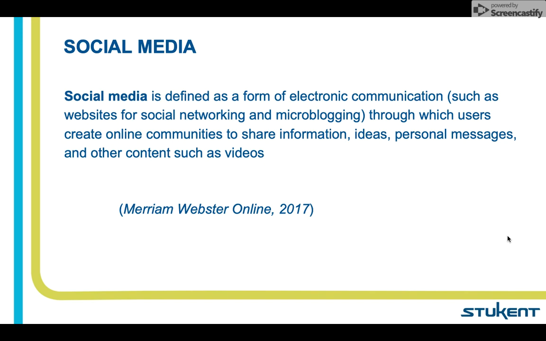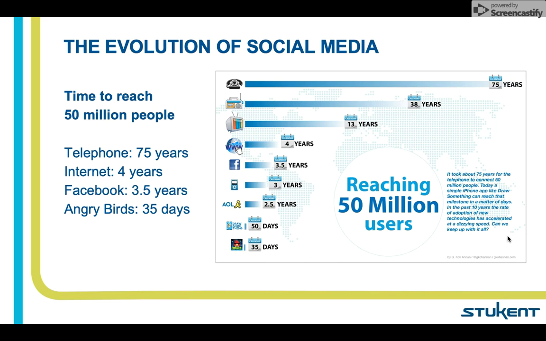your comments out there. All right, so this is a chart showing the evolution of social media. You can see the time it took everything to reach 50 million people. The telephone took 75 years to reach 50 million people, whereas the internet only took 4 years.